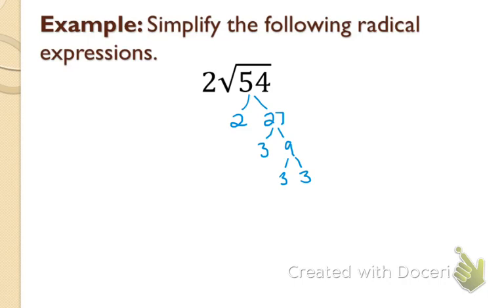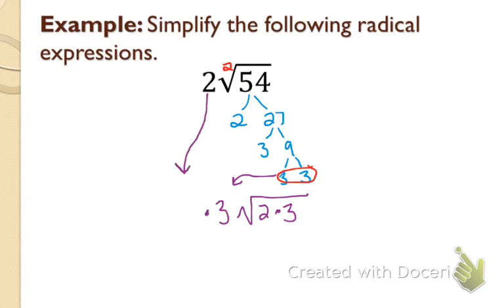Okay. So we're going to put them again in pairs because this is a square root. So here's a pair of 3's and that's about it. What did not get paired, which is the 2 and the 3, go inside. This, I'm going to write it outside, but there was a 2 outside as well to begin with. So all we do is multiply those two. So our final answer would be 6 square root of 6.